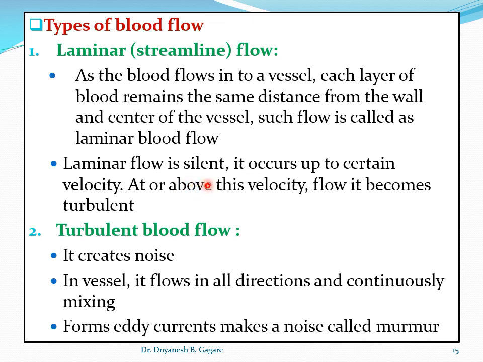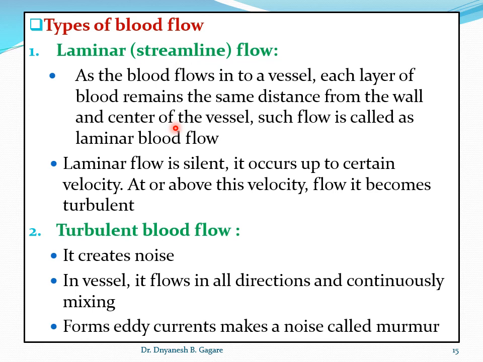Laminar blood flow is silent and it occurs up to a certain velocity. At or above this velocity, the blood flow becomes turbulent. So what is the meaning? Laminar blood flow is also called streamlined blood flow.